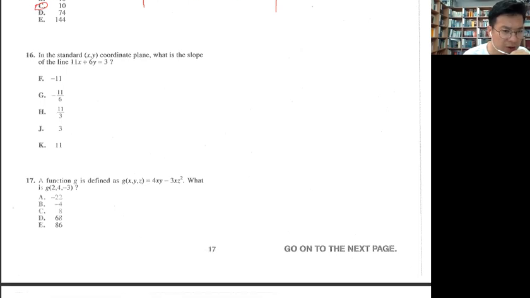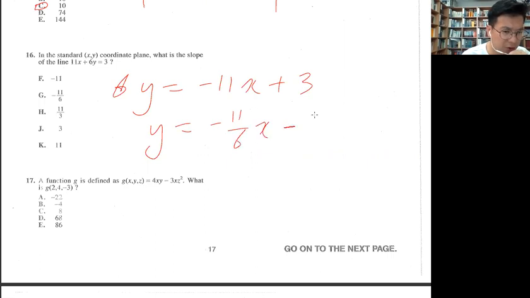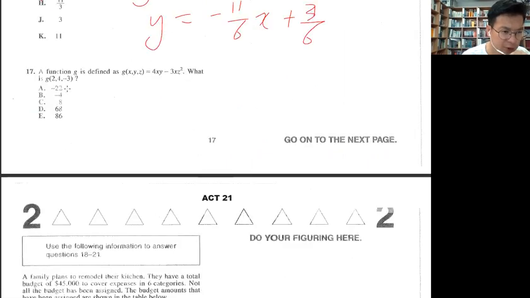Slope of this line. So 6y equals minus 11x plus 3, so minus 11 over 6x plus 3 over 6. So instead of x, you're putting 2.